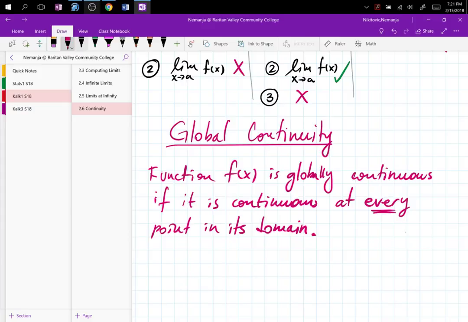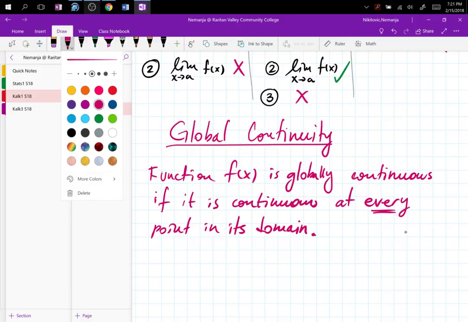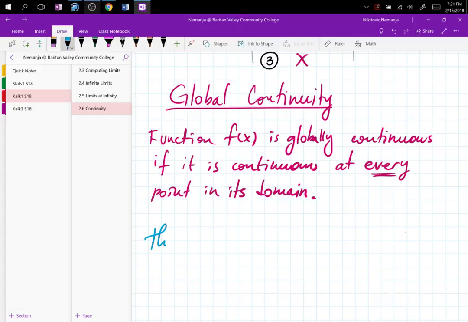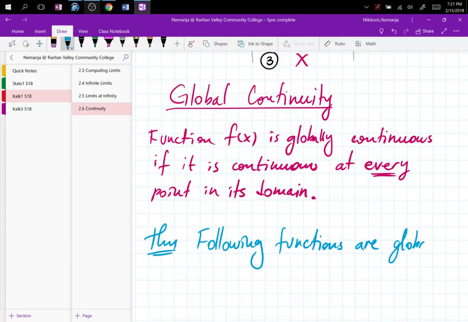So let's have blue. Another theorem which states the following functions are globally continuous on the entire domain.